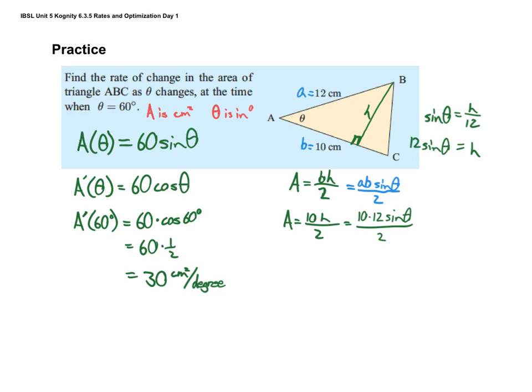So if I'm doing a rate of change, area over the angle, the area is in centimeters squared and the degrees are the denominator, so it's centimeters squared per degree. So at this moment, the area of the triangle is growing 30 centimeters squared for every degree that the angle is growing.